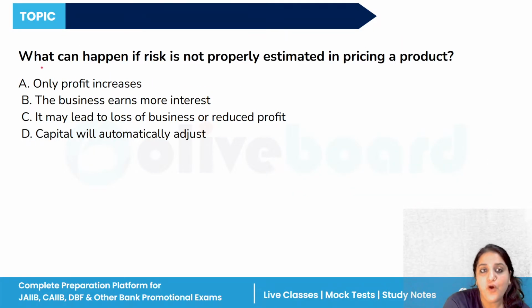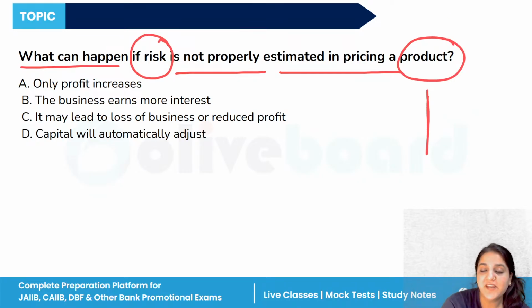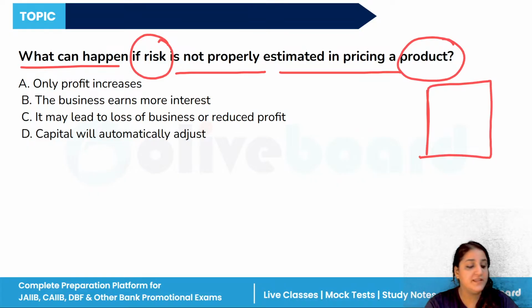Next, what can happen if risk is not properly estimated in pricing a product? When a product is priced, what can happen if risk is not properly estimated?